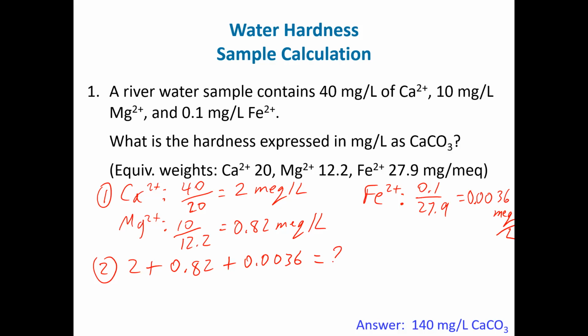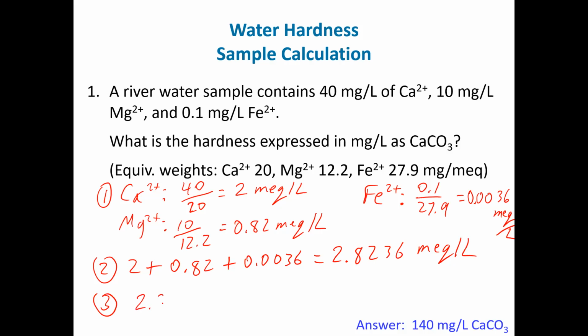Because the answer is 2.8236. And of course, that is in mill equivalent per liter. So that's the amount of hardness. That's what I've done for the first 2 steps, is I've just calculated the total amount of hardness coming from all the multivalent cations. And then step number 3 is I'm going to take that and convert it back to milligrams per liter.